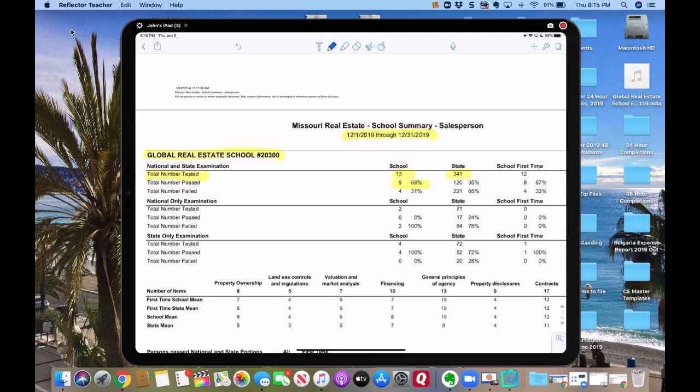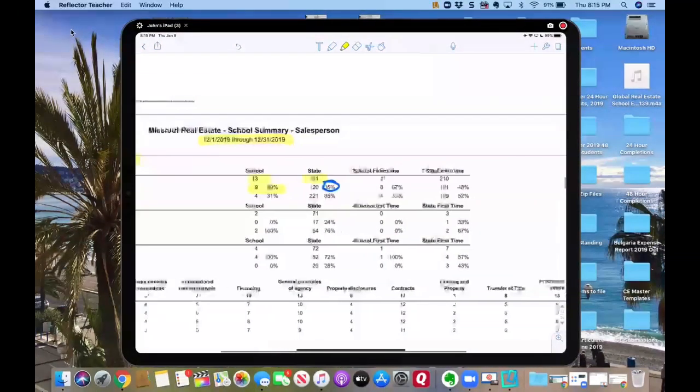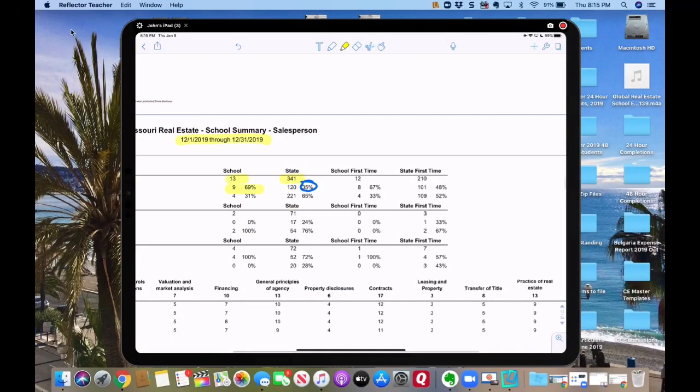But you will notice the state only had a 35% pass rate. And we had, for the first time, which is right here, our first time, we had 12 first-timers. 8 of those passed the exam the first time for 67% versus 48% for the state.